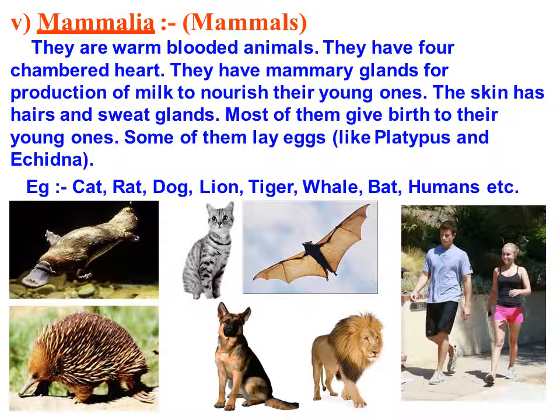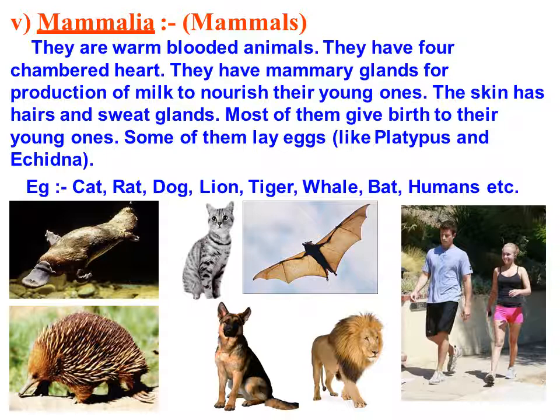But we have categorized them with one gland, that is mammary glands. They have mammary glands for production of milk to nourish their young ones. We don't find mammary glands in other vertebrates like birds, reptiles and amphibians.